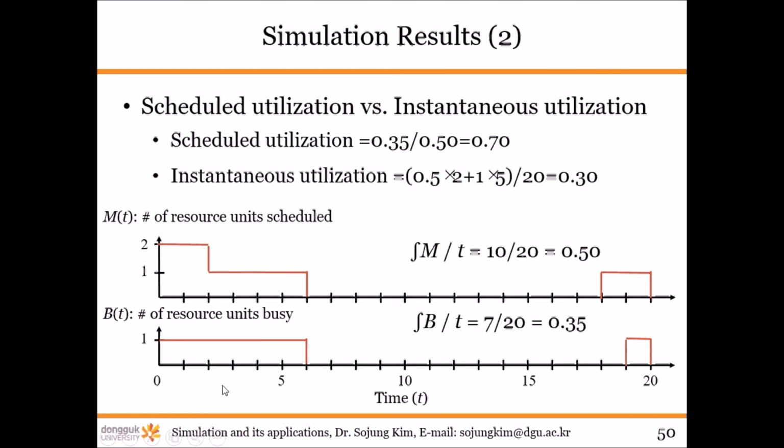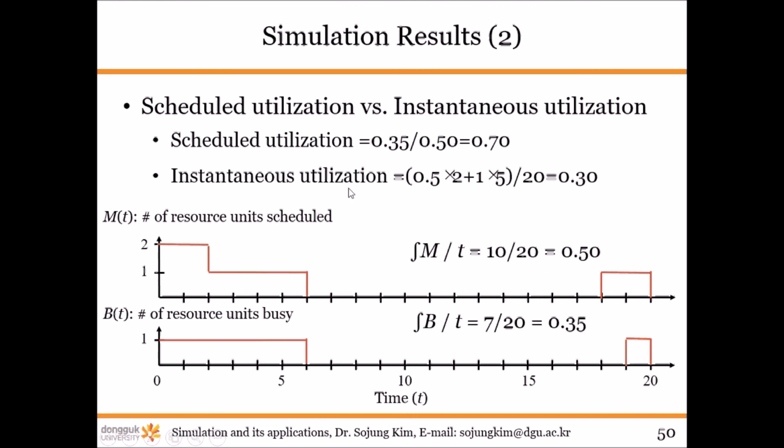If you look at it, here, if you get the shaded area of the M(t) graph, you will get 10. And then if you get the size of the shaded area, the integration of B(t) will give you 7. And then simulation runtime is, let's say, 20. And then you will get this kind of number. Okay.